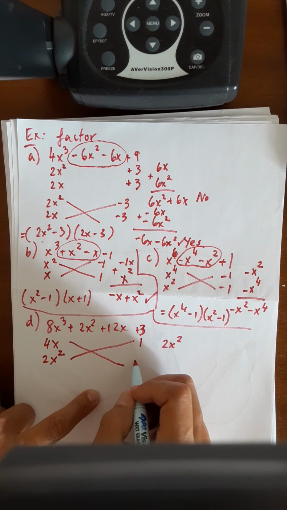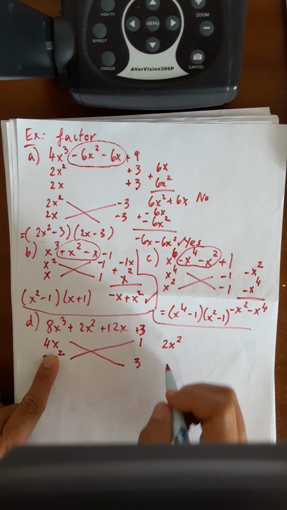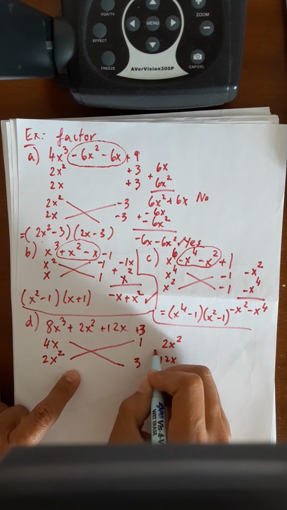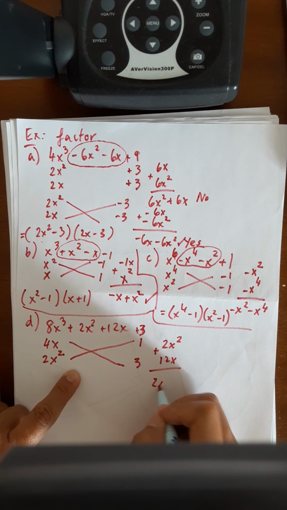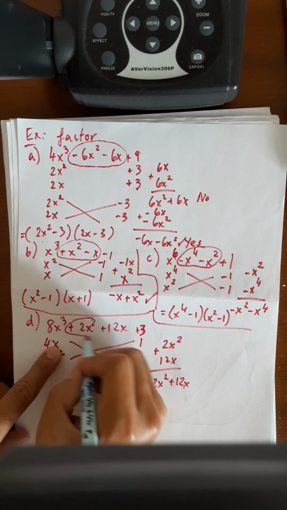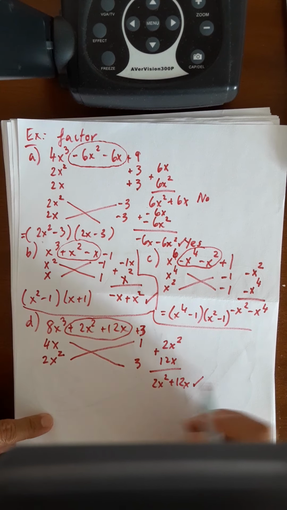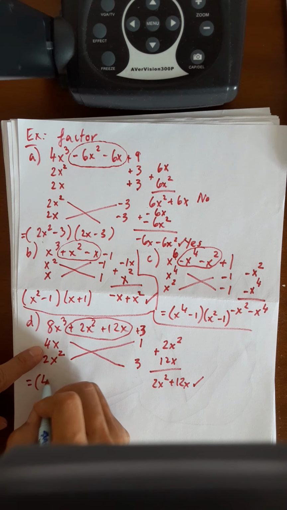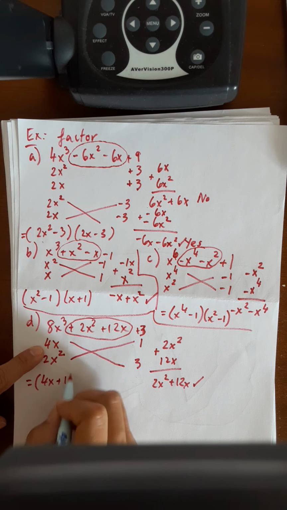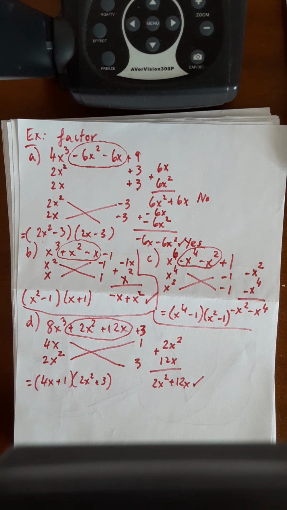So the other number here is going to be 3. 1 times 3 is 3, so 4x times 3 is 12x. Adding them together gives you the middle terms, yes or no? Yes, 2x squared plus 12x. Check. So my final answer is 4x plus 1, and then 2x squared plus 3. And that's it.